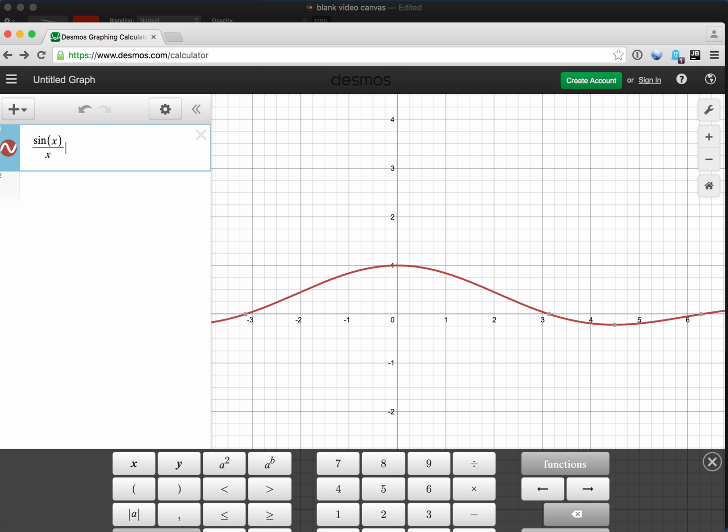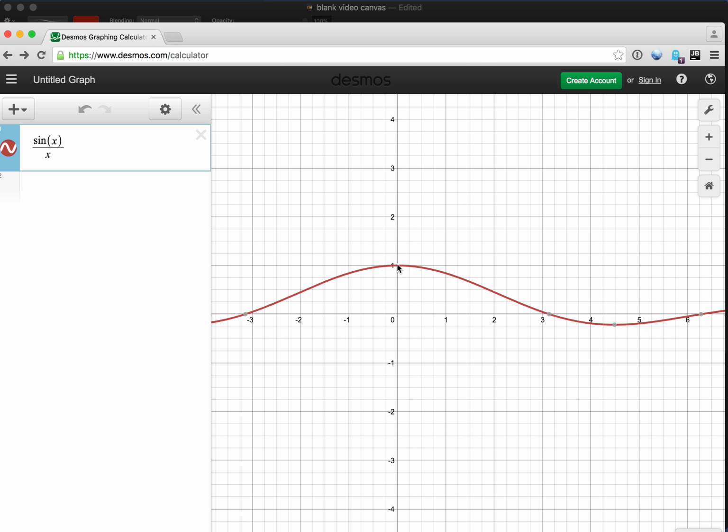What's f of 0? What's the value of the function at 0? Yeah, it's not defined, right? Because you can't divide by 0. What do you typically have when the denominator is 0? Vertical asymptote. Not all the time, right? We saw last time you could have a hole. But that's kind of what's going on here.